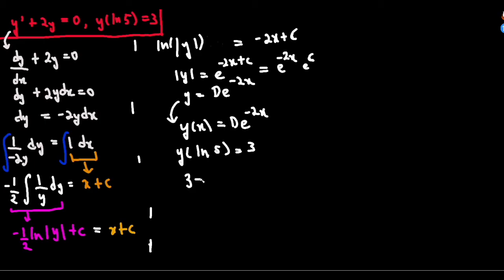So we have 3 equals d e to the minus 2 times the natural log of 5. So now what do we do?